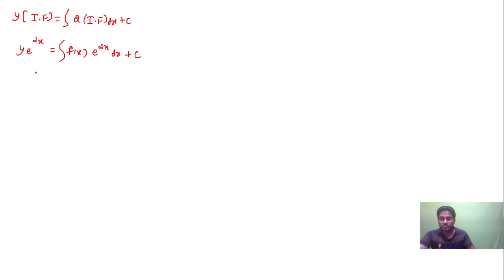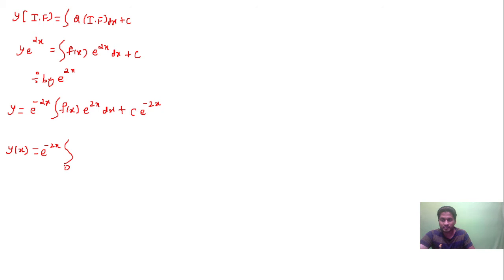Now follow carefully. I'm going to divide by e to the power of 2x. So this becomes y is equal to e power minus 2x times the integration of f(x) e to the power of 2x dx, plus c into e to the power of minus 2x. This y is same as y of x. I'm going to take limits 0 to x.